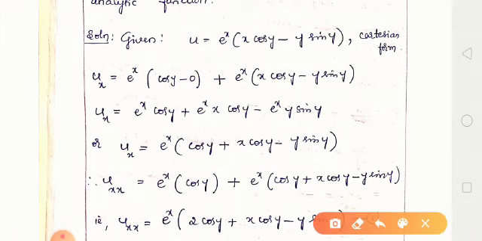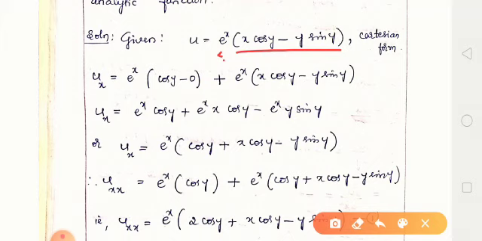Here we note that e^x is constant, and the term inside the bracket is a function of y. So we have constant into function form. While differentiating with respect to y, keep the constant as it is and differentiate the terms containing y. Here we have just x into the derivative of cos y.